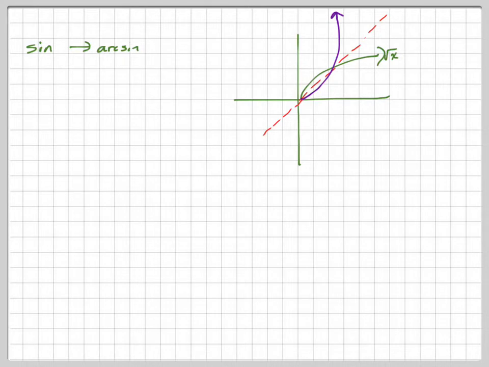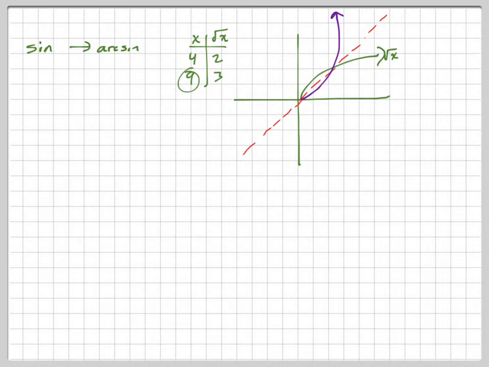If I were to draw a table of my square root function, I would only have one x for every y value. Like if I plugged in 4, what would I get? 2. If I plugged in 9, what would I get? 3. And only that. I would not be able to plug in 9 and get anything else.